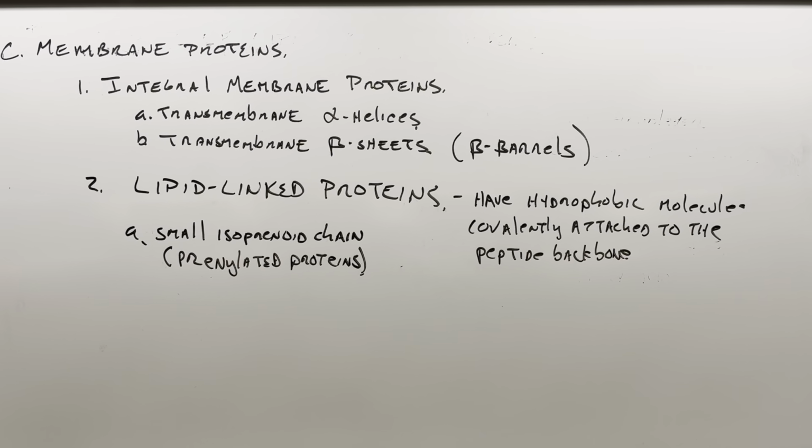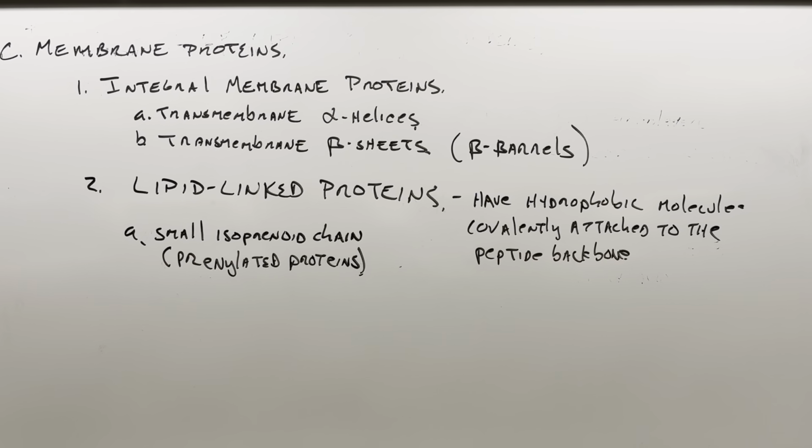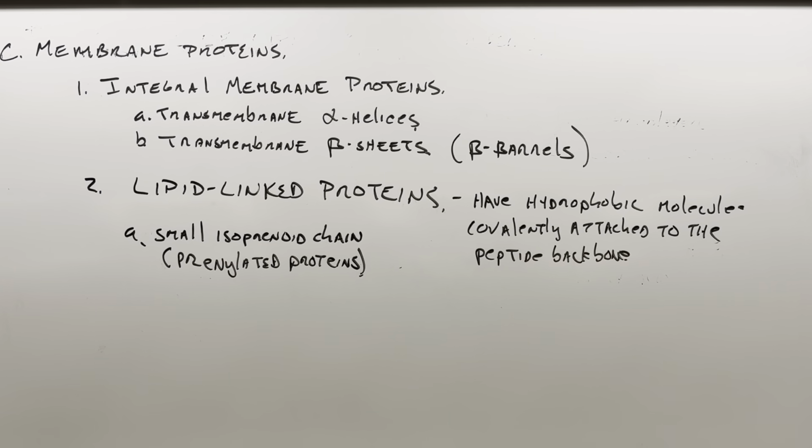Usually 15 or 20 carbons long. So a C15, a 15-carbon little isoprene chain in there. It'll be attached, usually at the carboxy terminus, and then that anchors into the membrane.